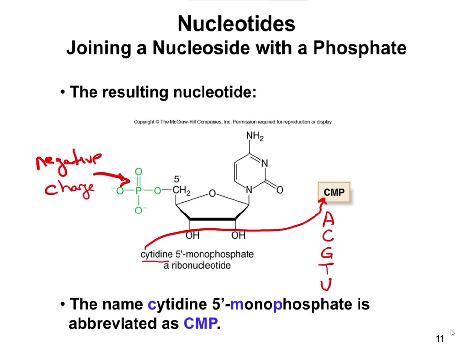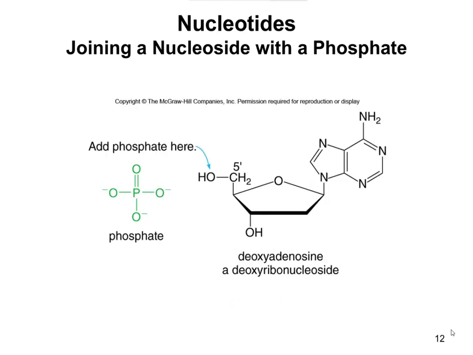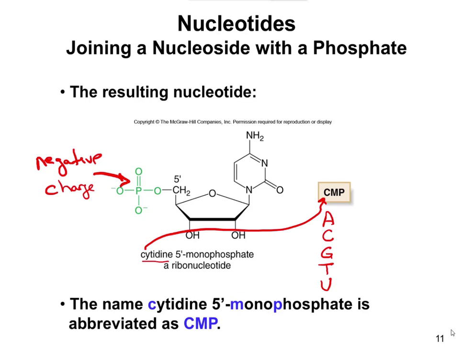The next letter, where it says M, stands for mono. So that next letter can either be M for mono, D for di, or T for tri.